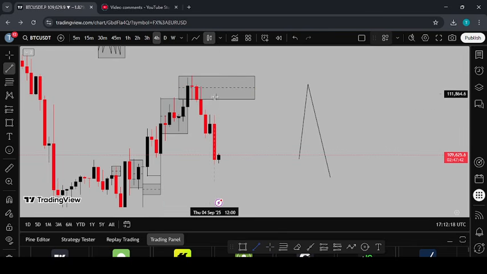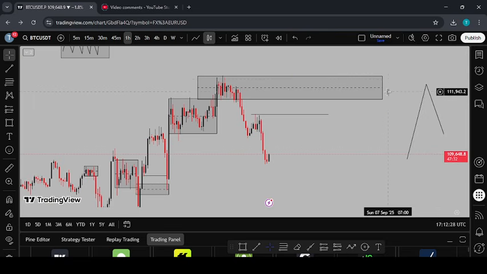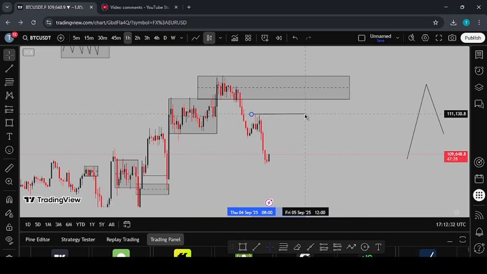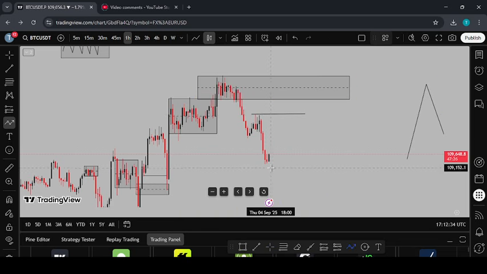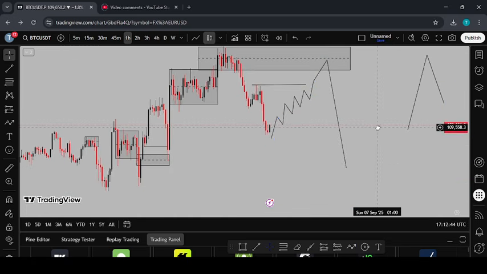And there is an internal structure here that market has created, which can serve as a form of inducement or liquidity, right? So what does that mean? If market is coming back into this range, right, into this range, there might be an opportunity for market to tap into this point of interest and continue and distribute.